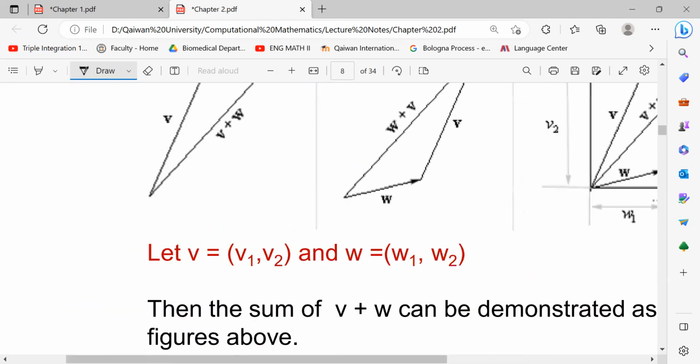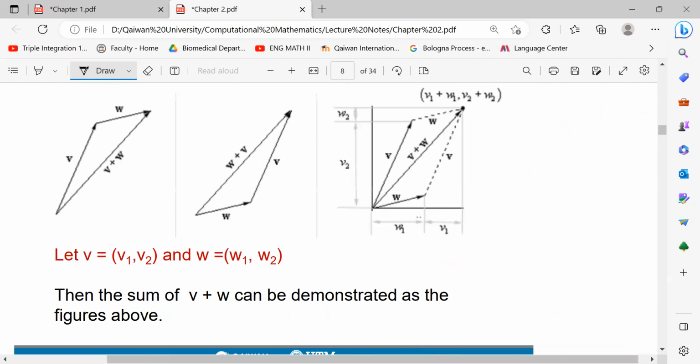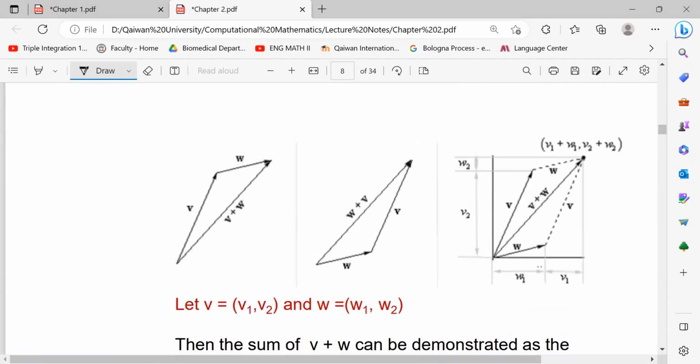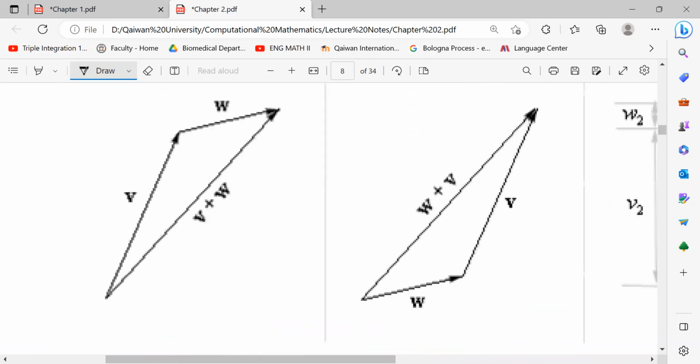In adding two vectors, we get either these shapes. If U is in this direction and V is in this direction, then adding U and V is in this direction. Okay?